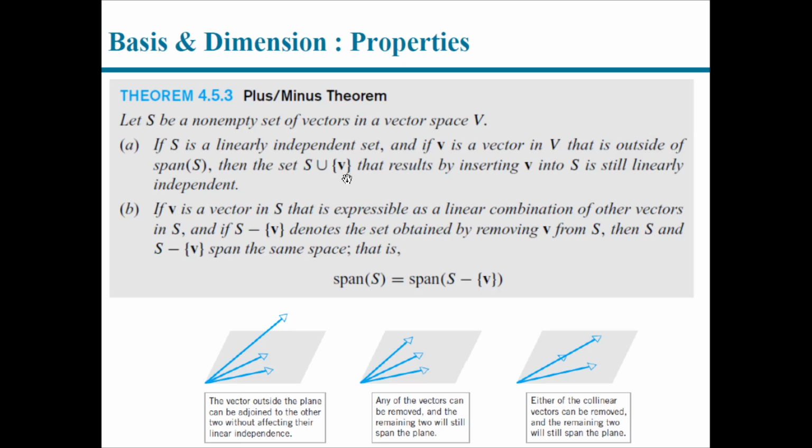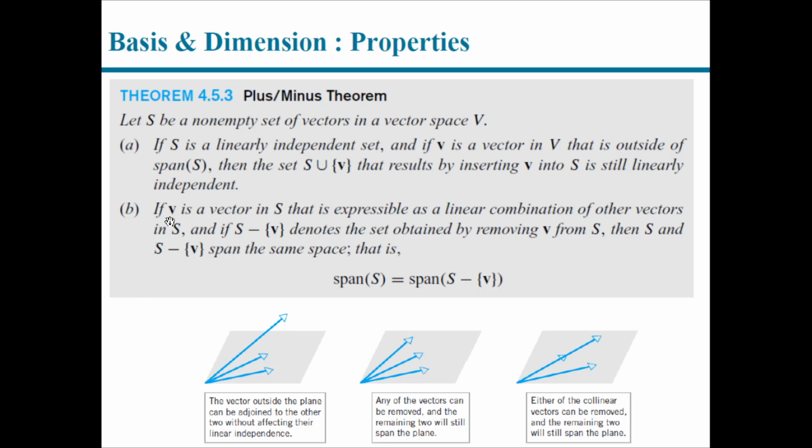So when I put everything together, I'll still get a big set where everything is linearly independent. Okay, I have linearly independent vectors, and I add another vector that is linearly independent. So I get a bigger set of linearly independent vectors. Wow.